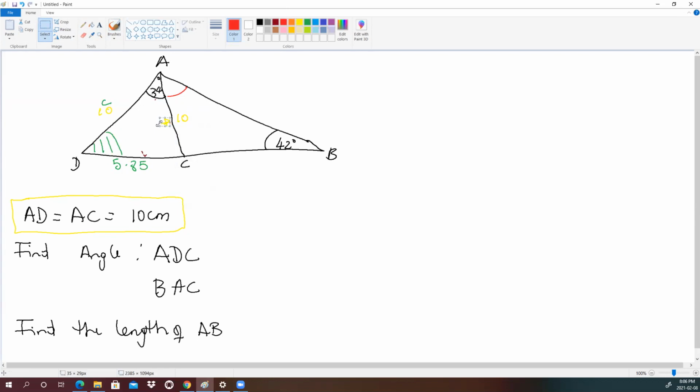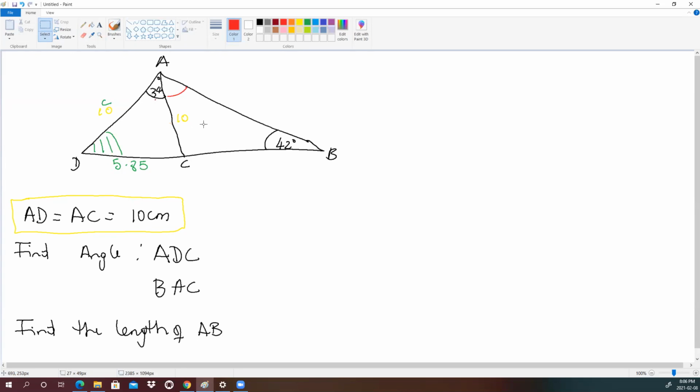What I was looking at was that angles on a straight line add up to 180 degrees, right? I would first find angle ACD from the first triangle.